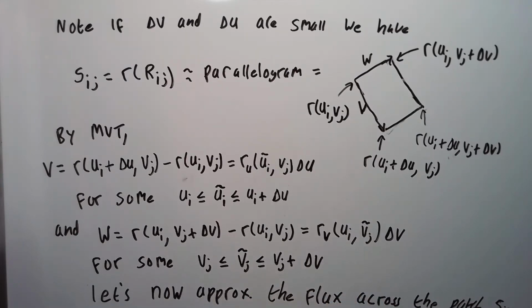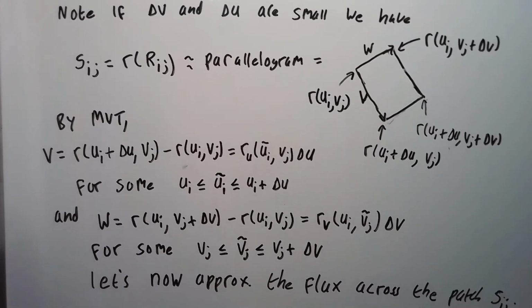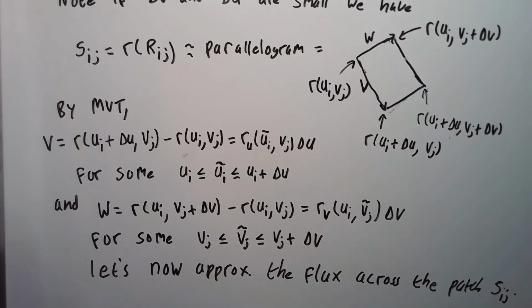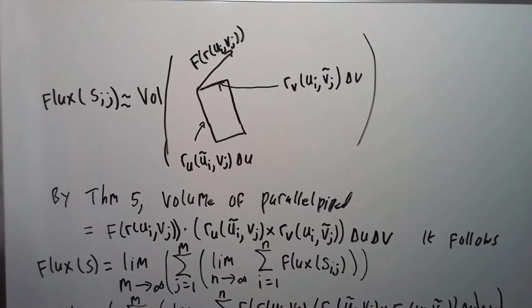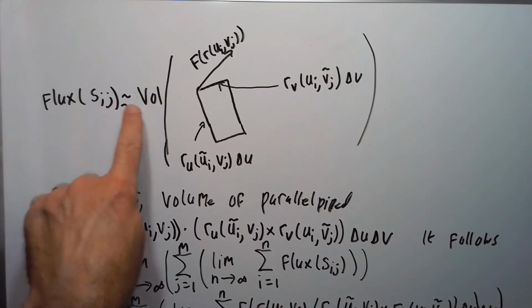Okay, so now let's approximate the flux across the patch Sij. Let me draw another picture. The flux across our little patch Sij is roughly equal to this, I claim.